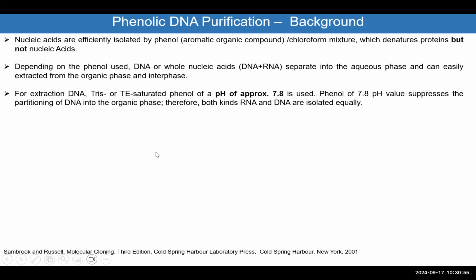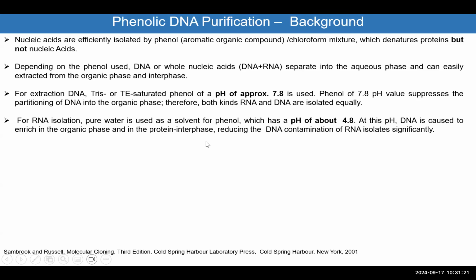So specifically, if I would like to isolate DNA, the pH has to be maintained at 7. And this is mostly done by using a Tris or Tris-EDTA component of the phenol. In this situation, the DNA is not going to be precipitated into the organic phase. Both RNA and DNA will stay in the aqueous phase.